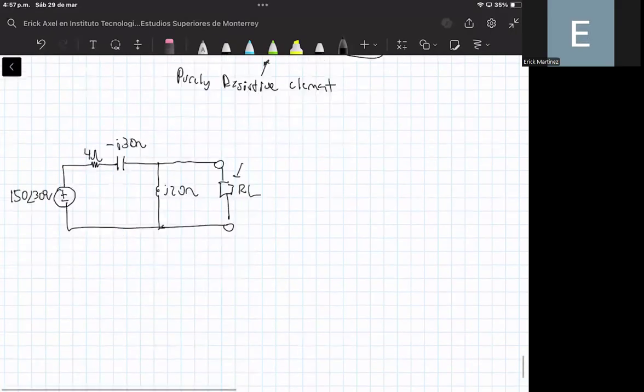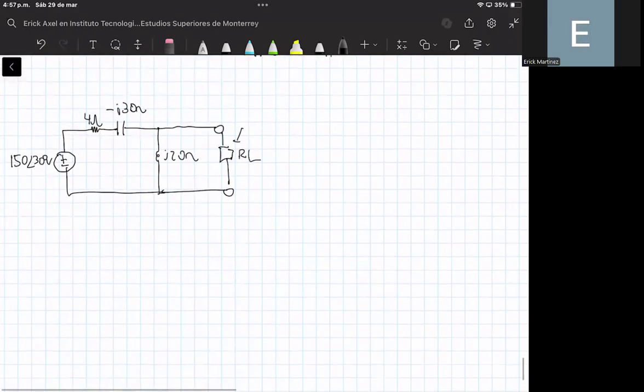So we know that the value of that resistor should be equal to the magnitude of the Thevenin impedance. You need to compute the magnitude of the Thevenin impedance to compute this purely resistive element that ensures a maximum average power transfer, given the circuit that we have.